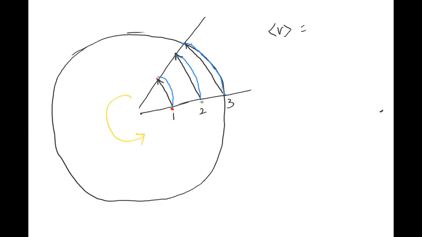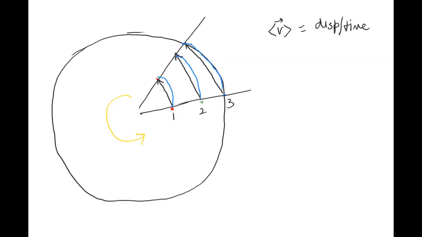Remember that average velocity is defined as displacement over time. The average velocities of particles 1, 2, and 3 are all going to be different, right?